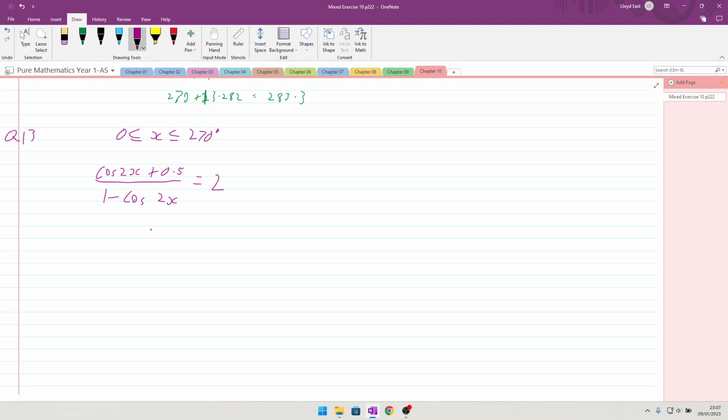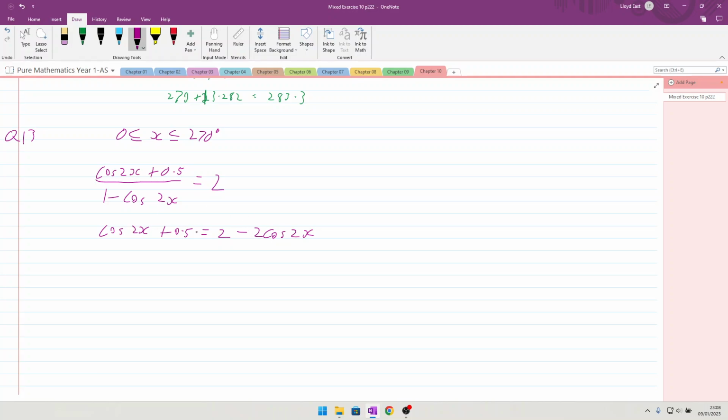Okay, what to do with that? I think to begin with I'm going to multiply out that bottom. So cos 2x plus 0.5 is equal to, multiplying 2 by 1, 2 minus 2 cos 2x.